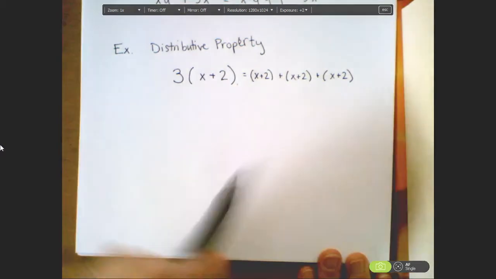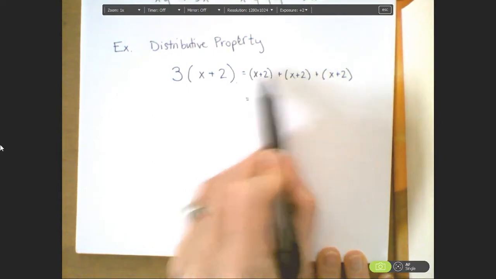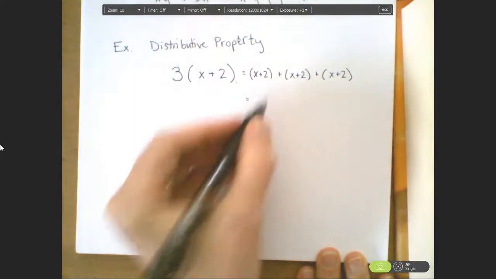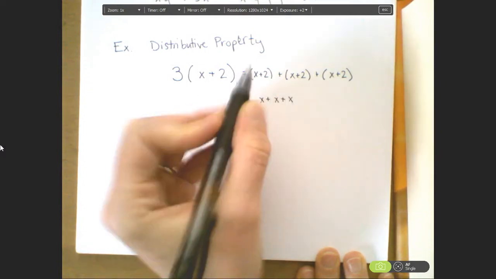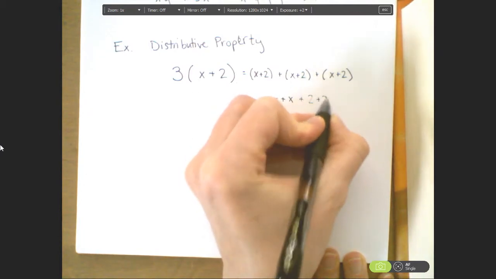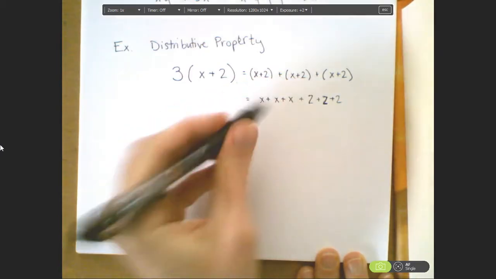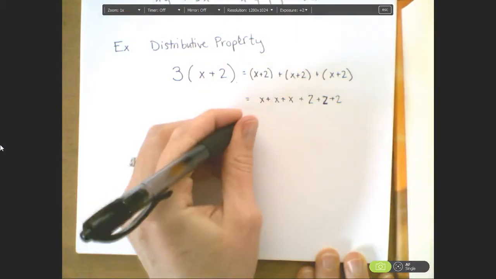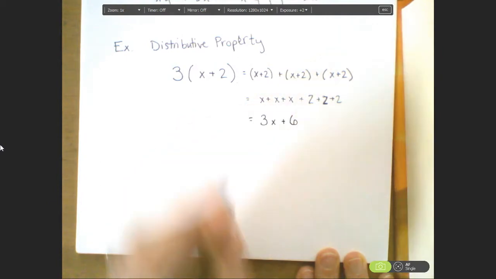And if I wanted to simplify this, I can use the commutative property of addition to rearrange this. Addition can happen in any order that I want, and I get x plus x plus x, and I also get 2 plus 2 plus 2. And when I combine like terms, I see that I have 3 groups of x and 3 groups of 2, or I end up with 3x plus 6.